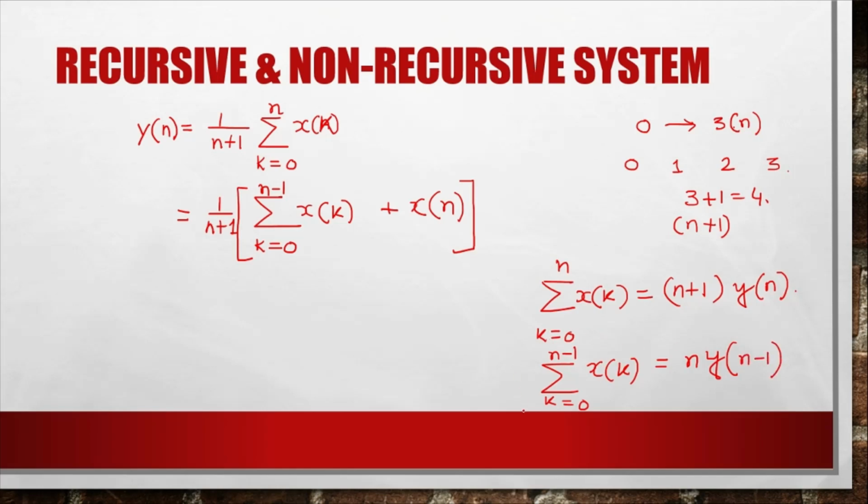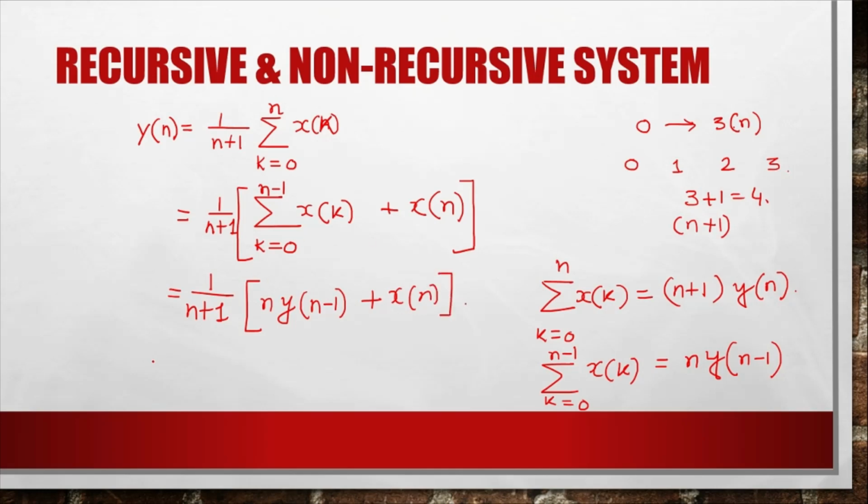So instead of this summation, I can express this input with respect to previous values of output. If this is the instant value of output, this will be the previous value of output. So instead of this summation, I can express it as n into y of n minus 1 plus x(n), right?